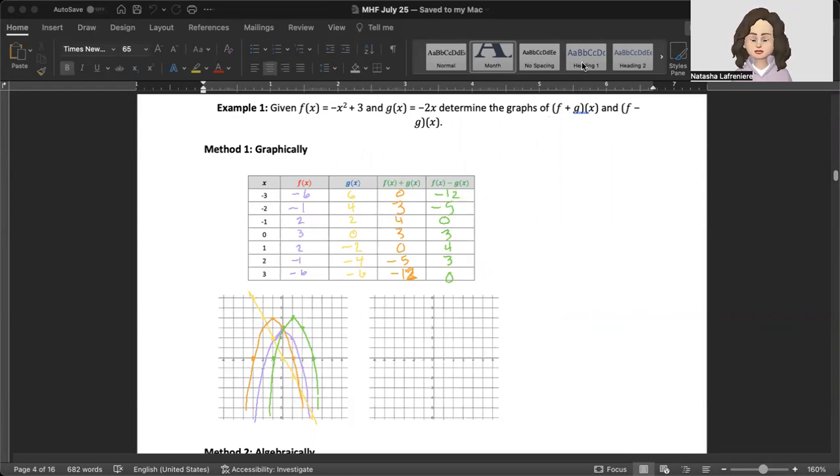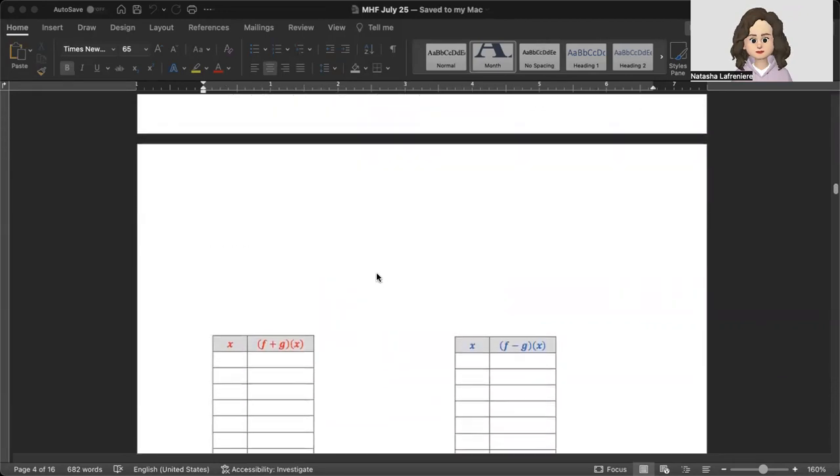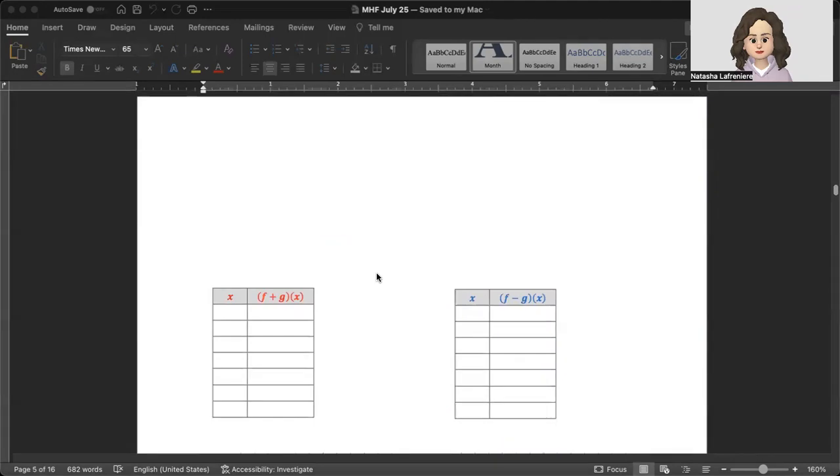So I'm clearing this, and we're going to take a look at how to do it algebraically. Okay. So we are doing the sum on this side. I need my pencil to draw. So the sum on this side, and we'll do the difference on this side.